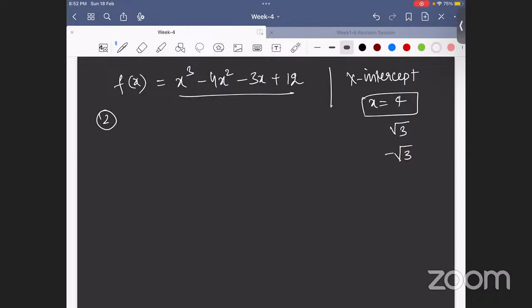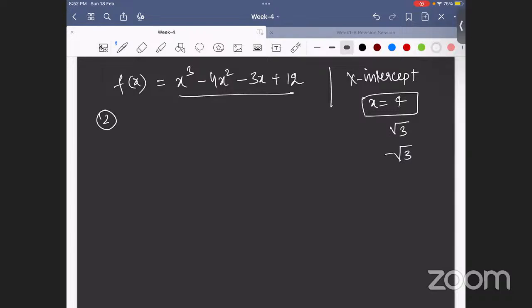Because if you are able to find the one factor, you can divide the whole polynomial by that factor and get the quadratic equation. And for any type of quadratic equation, you will be able to calculate the root.